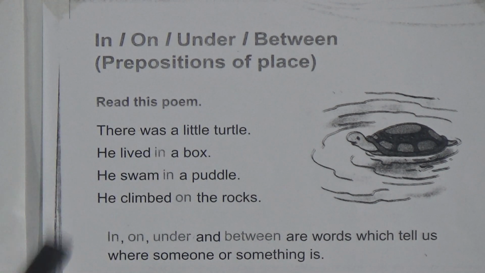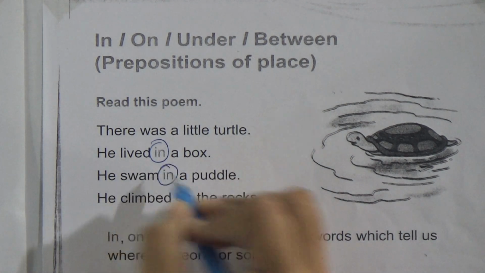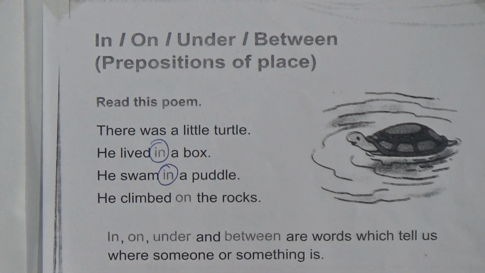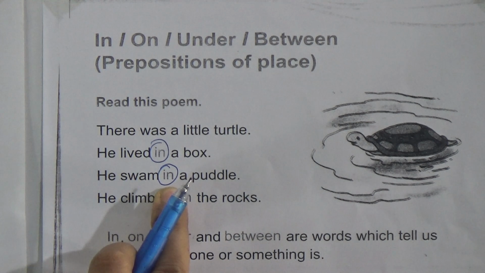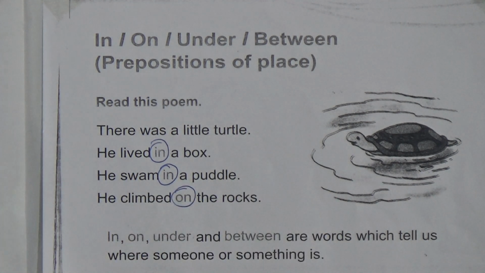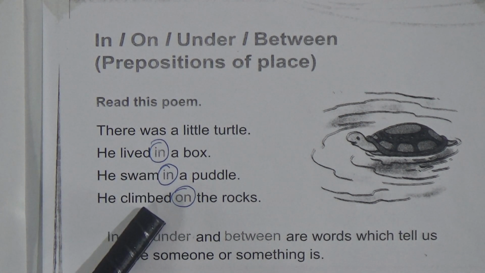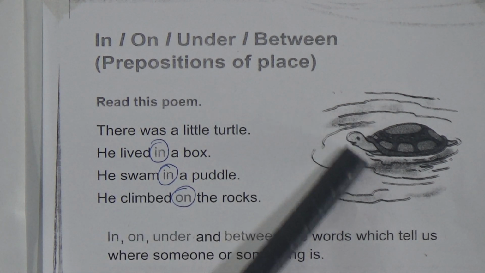Now look, in the second sentence, in is a preposition. He swam in a puddle. Here in is a preposition. He climbed on the rocks. On is the preposition. These prepositions tell us about the position of the turtle.